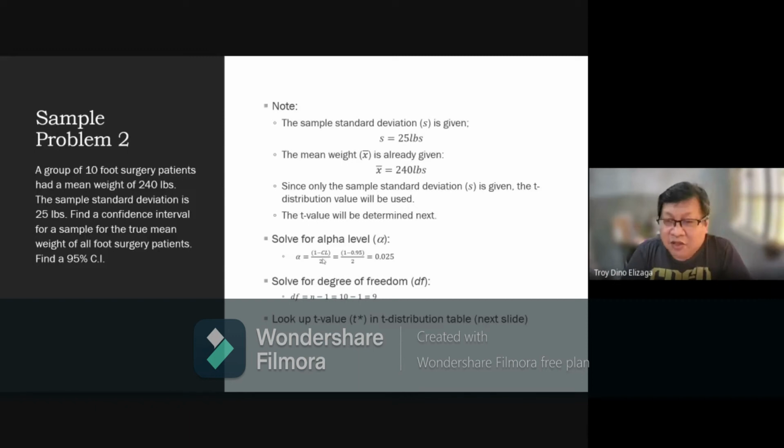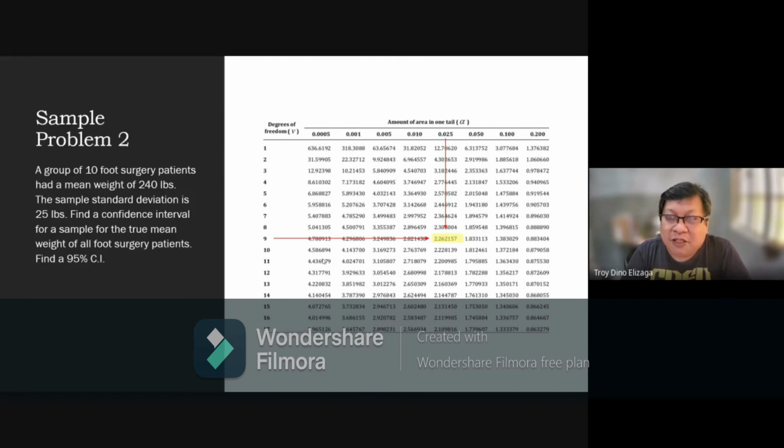Okay, so then having 0.025 as alpha and 9 as degree of freedom, we look up the value of t in this table, and then we find 2.262157.